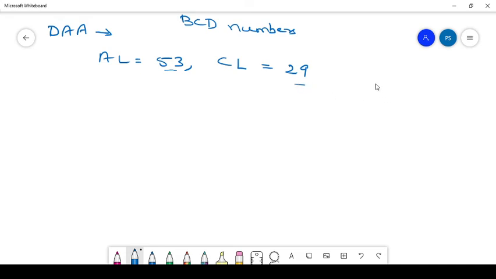BCD means binary coded decimal. 5 is 0, 1, 0, 1. 3 is 0, 0, 1, 1. 29: 2 is 0, 0, 1, 0, and 9 is 1, 0, 0, 1. But generally our microprocessor takes that number in hexadecimal.